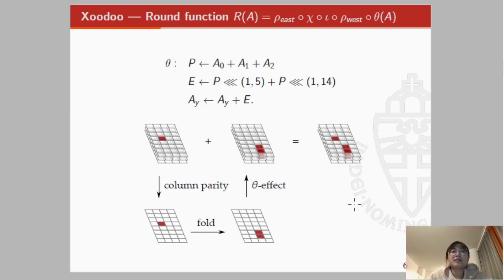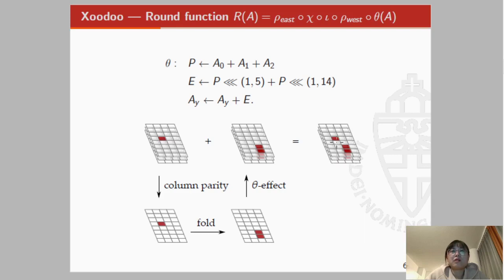Xoodoo has 6 rounds, and each round has 5 steps: theta, rho-west, iota, chi, and rho-east. The first step is theta. From the expression we can see theta is a linear operation, and one bit of input here affects 7 bits of output.